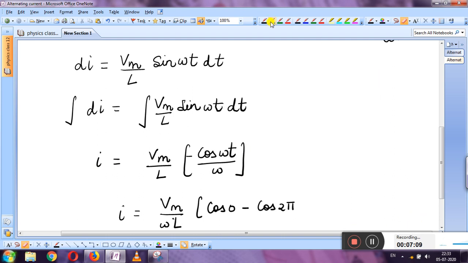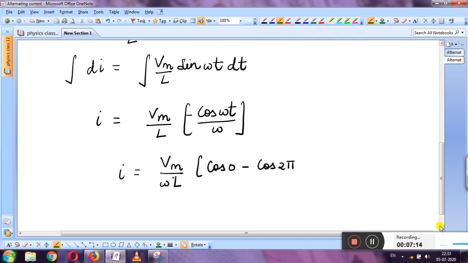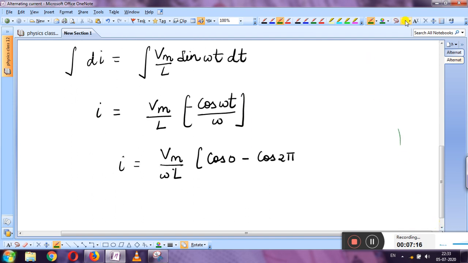Then after this we will continue with our derivation. If there will be no limits, then there will be no such bracket at this place. And the shape it will take is like this: minus cos omega t.